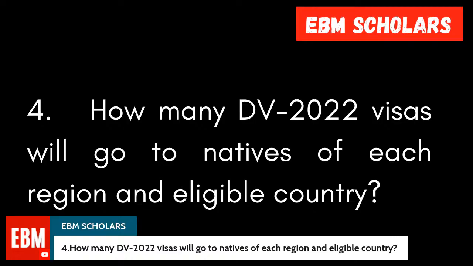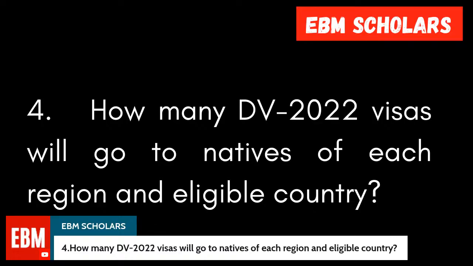That's why if you win, your case number will be DV 2022 AS, AS meaning Asia, AF meaning Africa, EU meaning Europe, OC meaning Oceania, all those kinds of things.